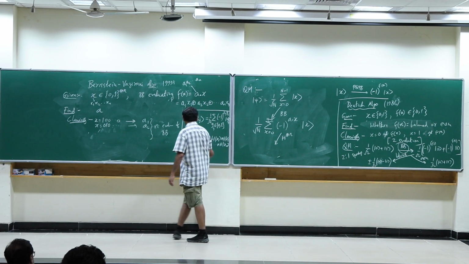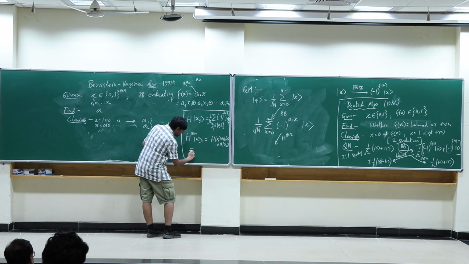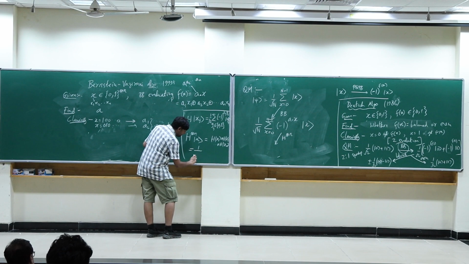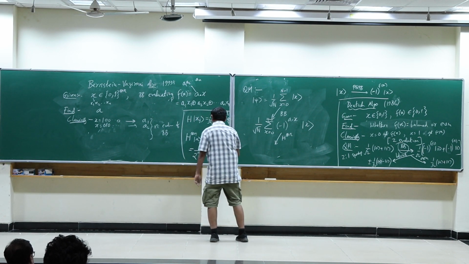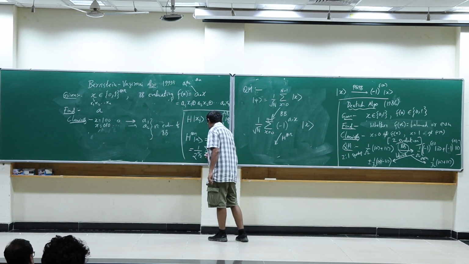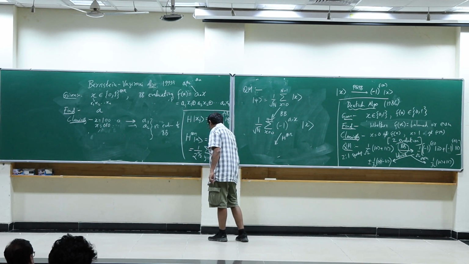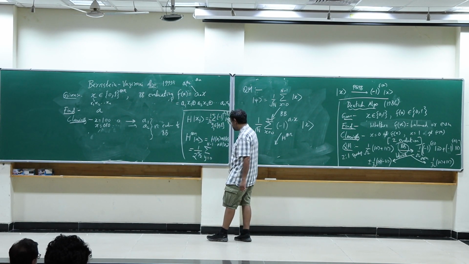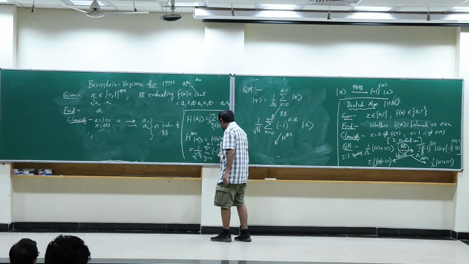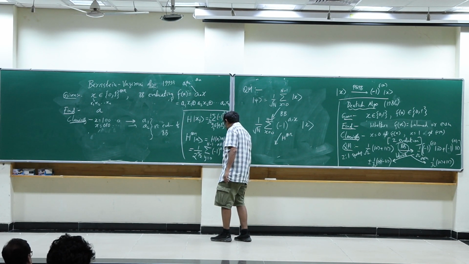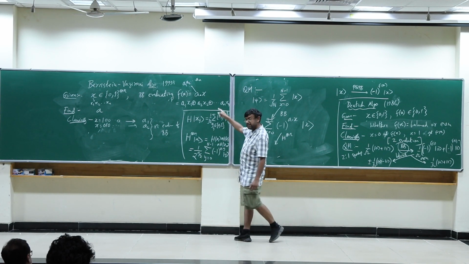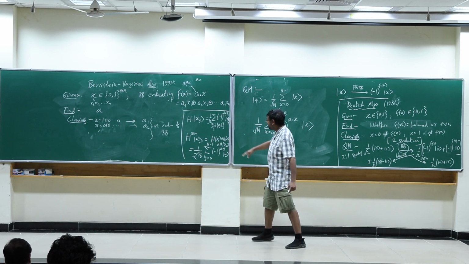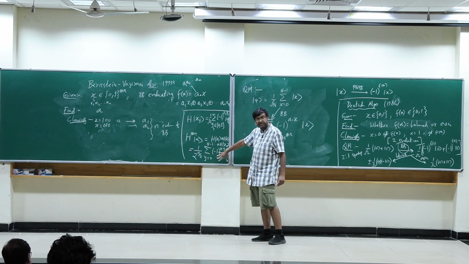That can be compactly written as 1 by square root of 2 to the power n times the sum over y, where y again goes from 0 to 2 to the power n minus 1, of minus 1 to the power x dot y, then y. The dot product is defined in exactly the same way. It's very easy: just take n of those things and you'll get that.